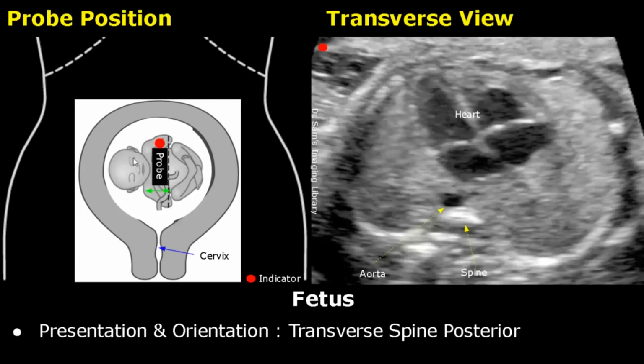When we move the probe from the right side to the left side, we will find the fetal heart in this position with the spine at the bottom. Moving further to the left will bring the stomach in view, also at this side.